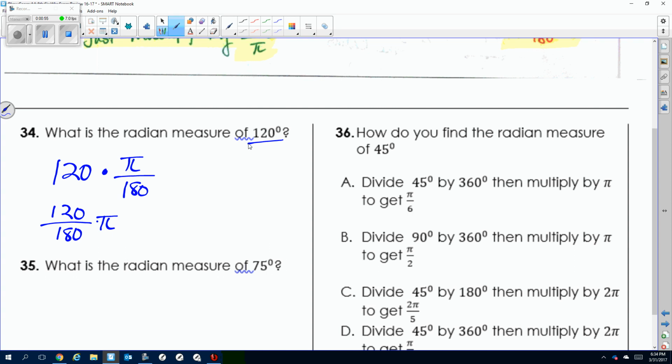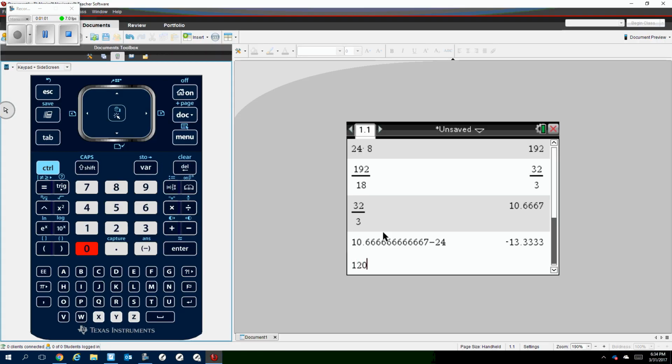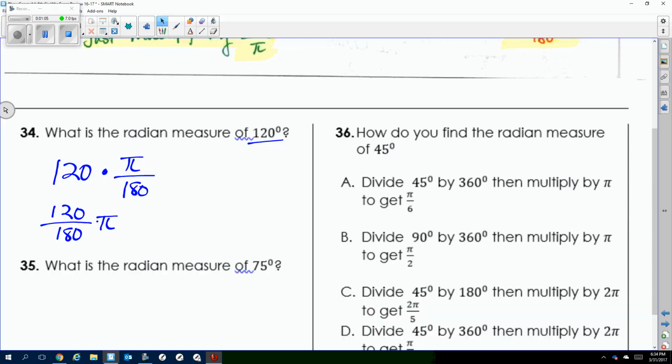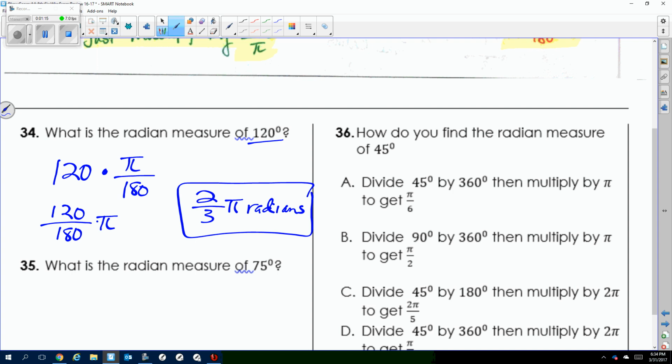We're just going to keep pi in our answer. The calculator would do this for us. Get in the habit of saying, I'm going to do 120 divided by 180. We get 2/3. So our answer is 2/3 pi radians.